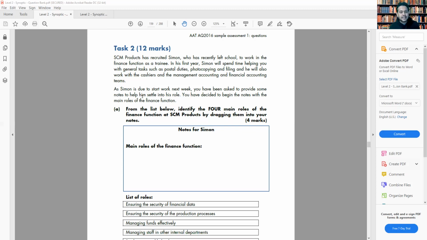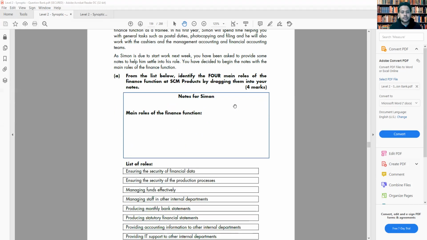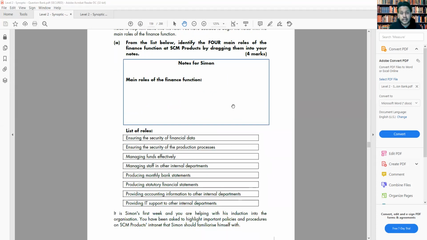As Simon is due to start work next week, you have been asked to provide some notes to help him settle into his role. You have decided to begin the note with the main roles of the finance function.